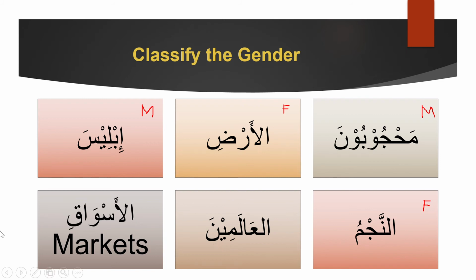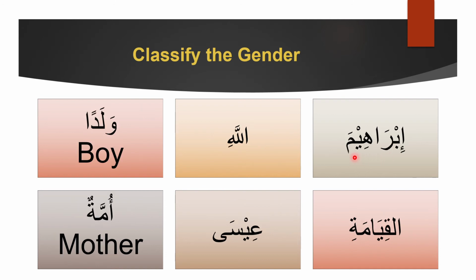This is clearly masculine. Why? Masculine plural. Masculine plurals are masculine. Al-Aswaqi. Markets is a non-human broken plural. Non-human broken plurals are singular feminine. Ibrahima. Ibrahima is a masculine name. So masculine.